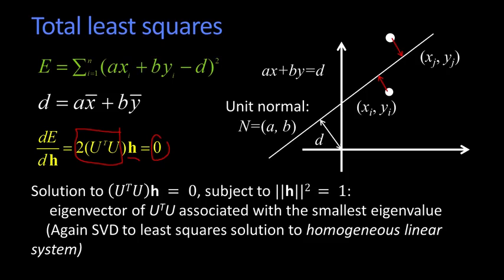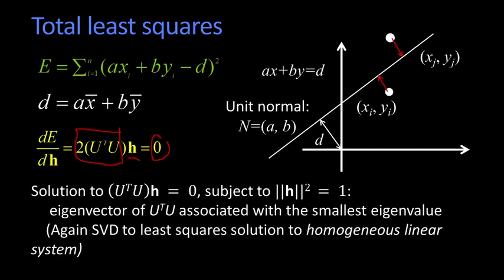In this particular case, we were going to do that eventually anyway, because remember A and B, which is what H is here, were the components of the unit direction of that line. So A and B have to be a unit vector, so we might as well set the magnitude of H equal to 1. And remember how you can solve that? You can do that whole SVD eigenvector thing again. Given U transpose U, you can find the eigenvector with the smallest eigenvalue, and that's your solution for H.